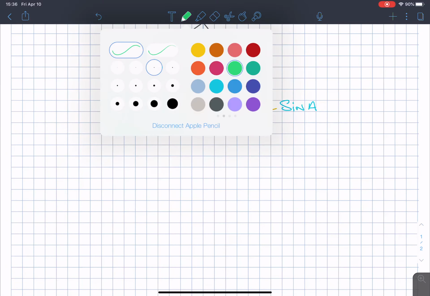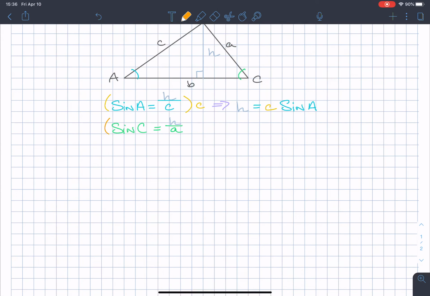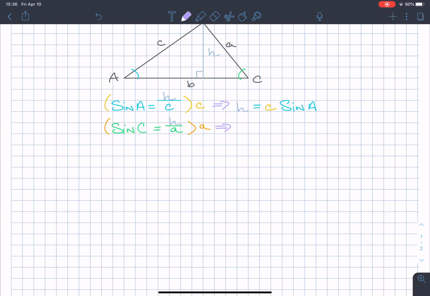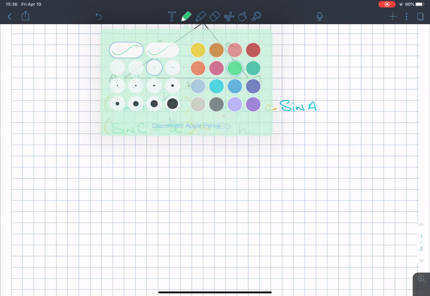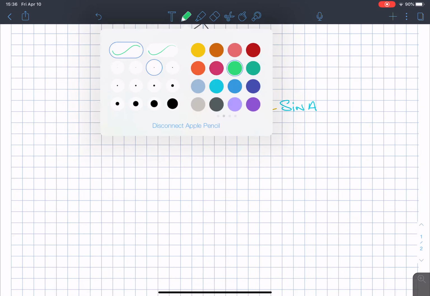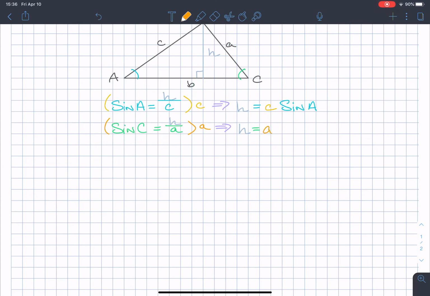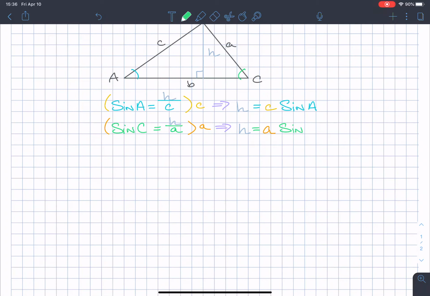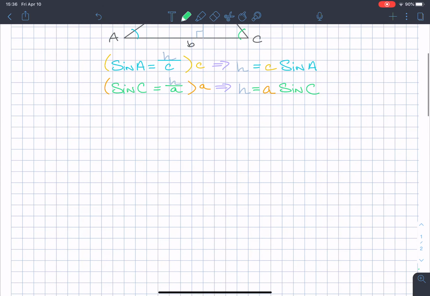So once again, I cross multiply by the denominator a, and I get that height h is equal to a times sine of angle C.